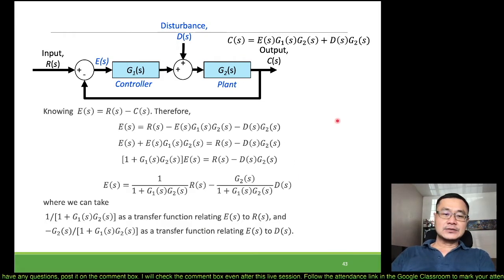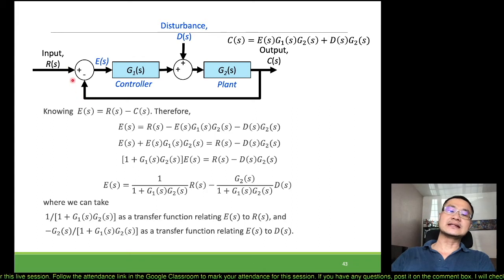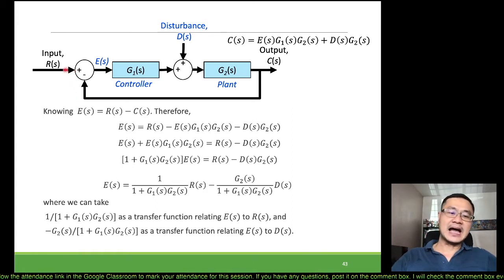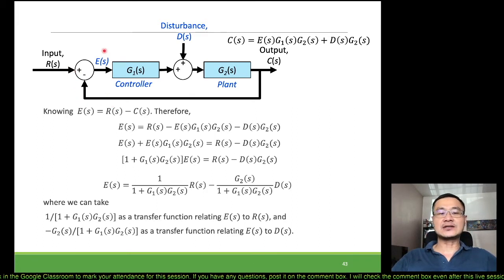Next, we know that the error signal is basically the input signal minus the output, so we have R minus C, which gives us the error signal.